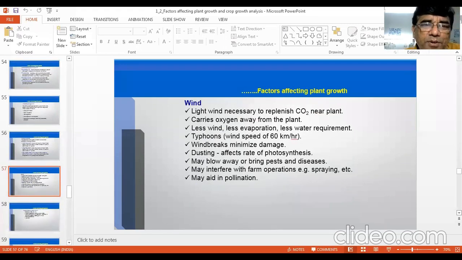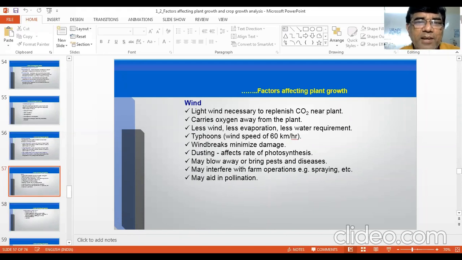So the next factor is wind. Wind is an abiotic factor, and many times it is considered good, and many times bad, depending upon the speed of the wind. So it has both kinds of effects. Sometimes it helps increase plant growth, and sometimes it can reduce it.